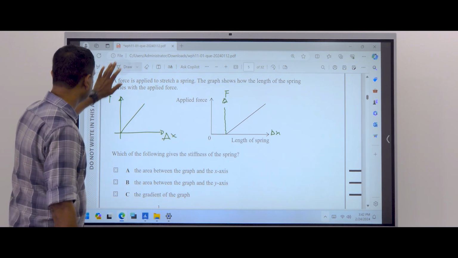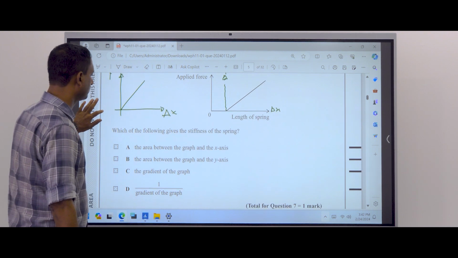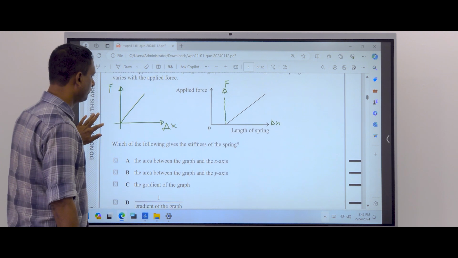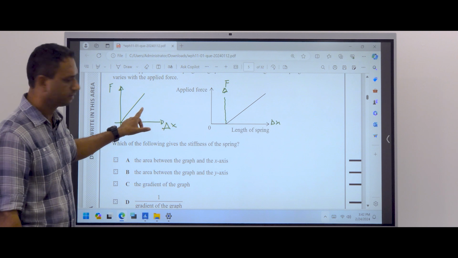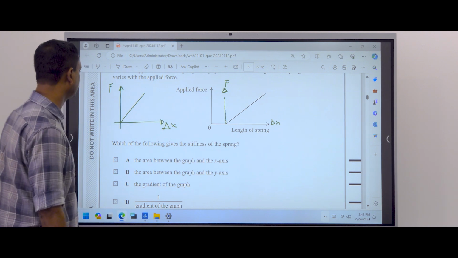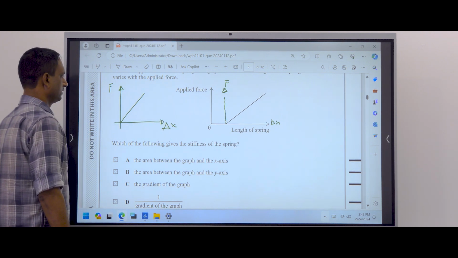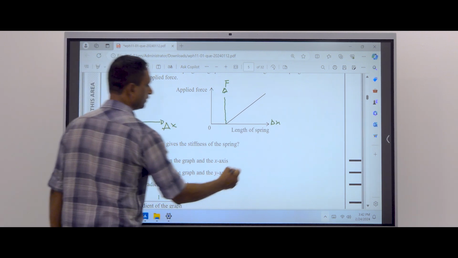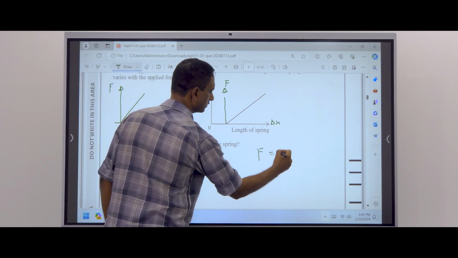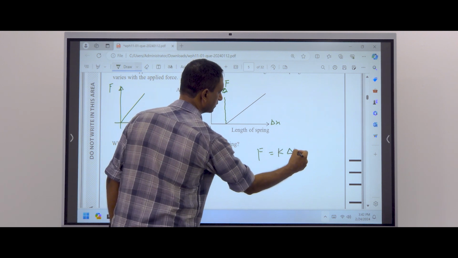In this graph, which of the following gives the stiffness? Stiffness is the gradient. The equation is F equals K delta x.